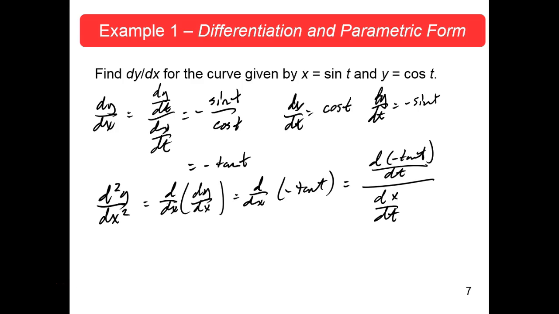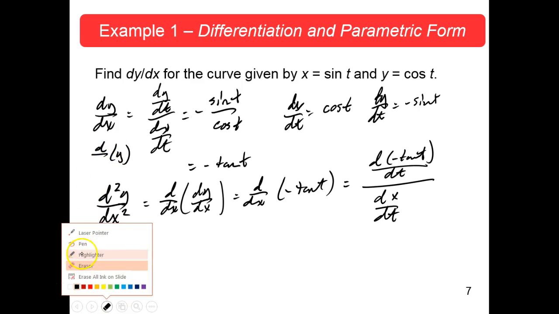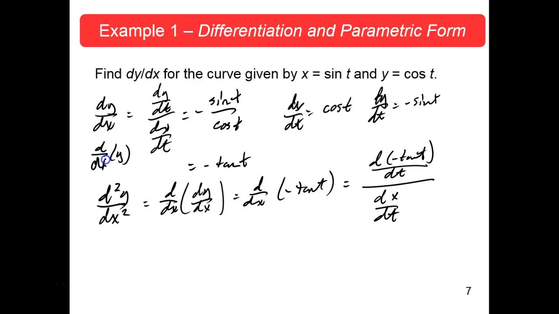Now, remember this is d by dt of y, right? That's what dy/dt is. I'm sorry, I meant to put x; I realized just then that I put dt. That's exactly what that is.